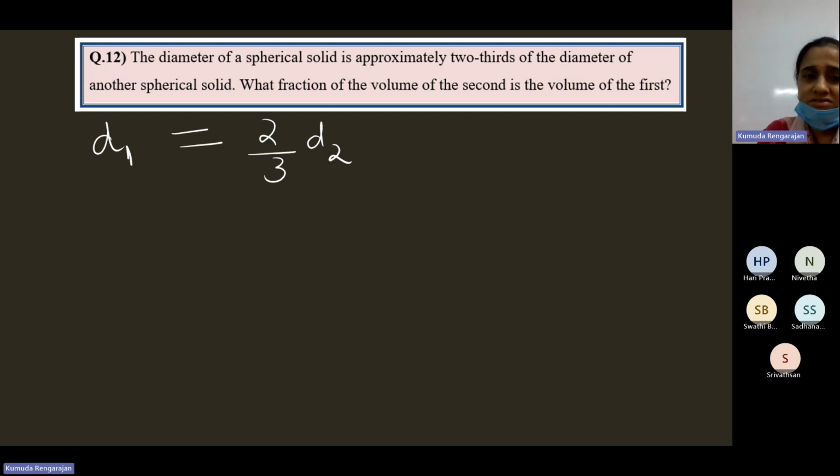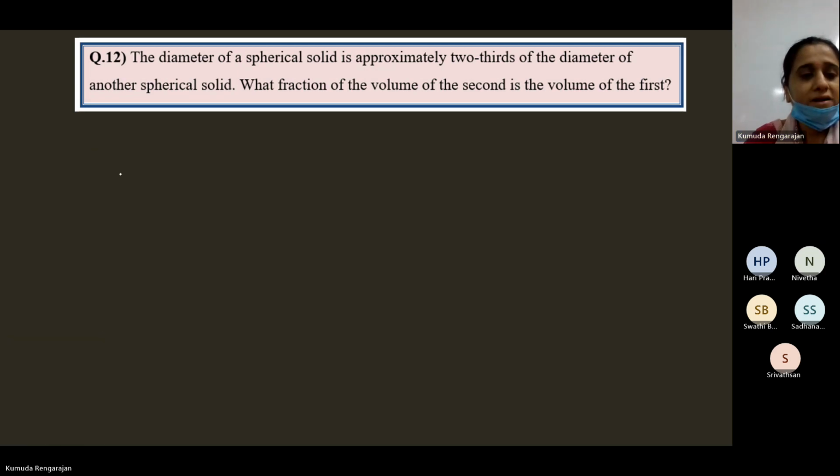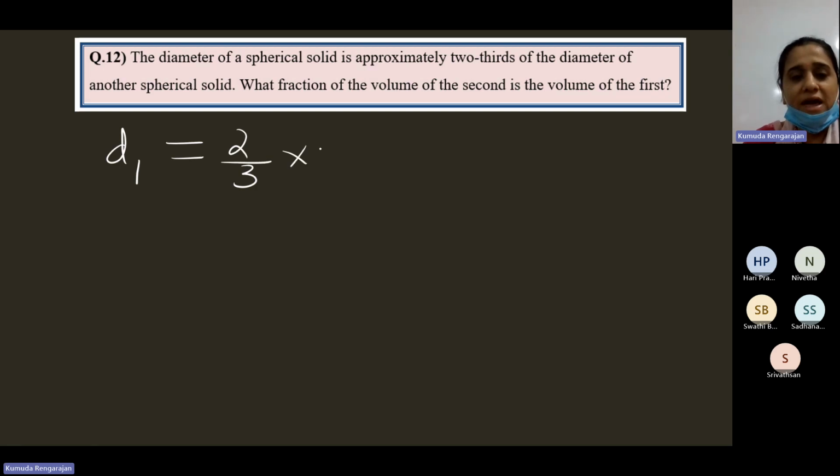D1 is the diameter of the first spherical solid, D2 is the diameter of the second one. The diameter of one spherical solid is approximately 2/3 of the diameter of another spherical solid.